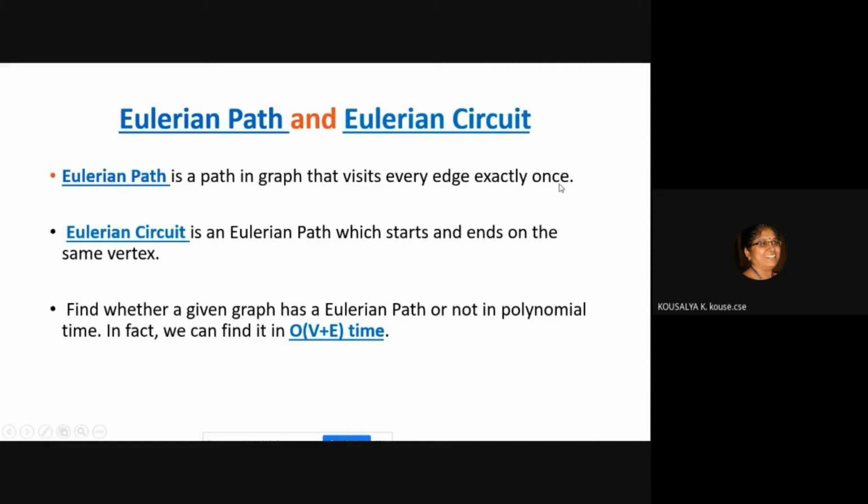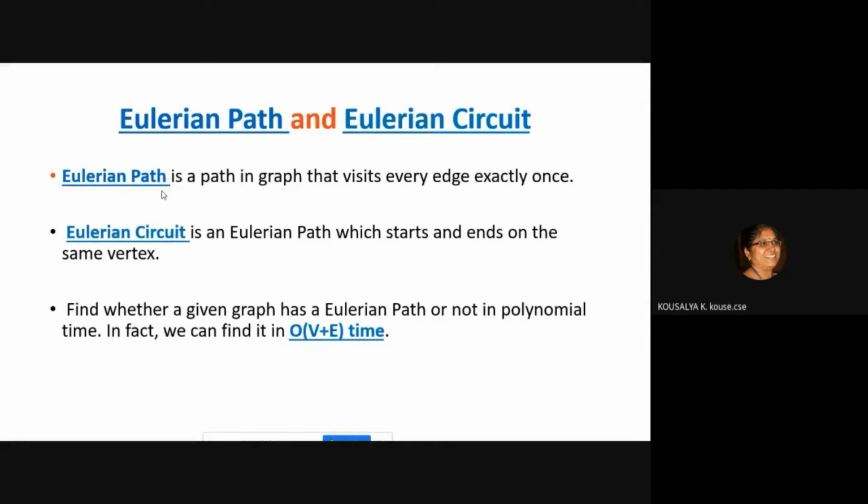You may visit vertices any number of times. That is not restricted, but each and every edge you must visit only once. Then it is called an Euler path. That means if your graph has 10 edges, you have to visit all the edges starting from one vertex, each only once. Then that is called an Euler path.